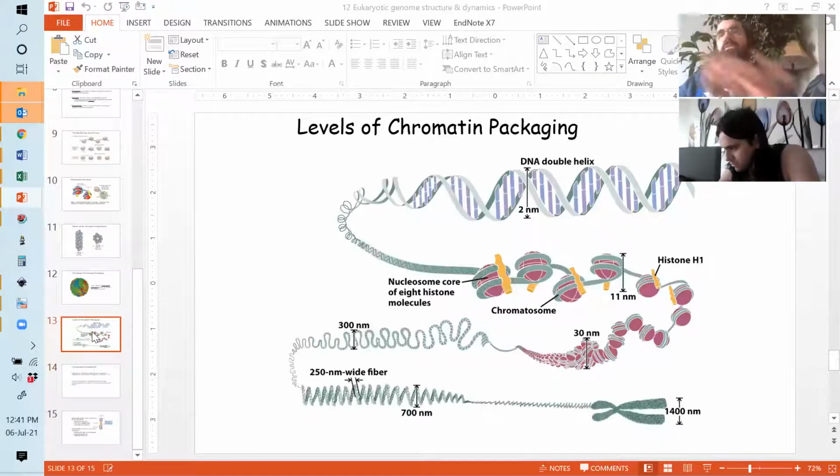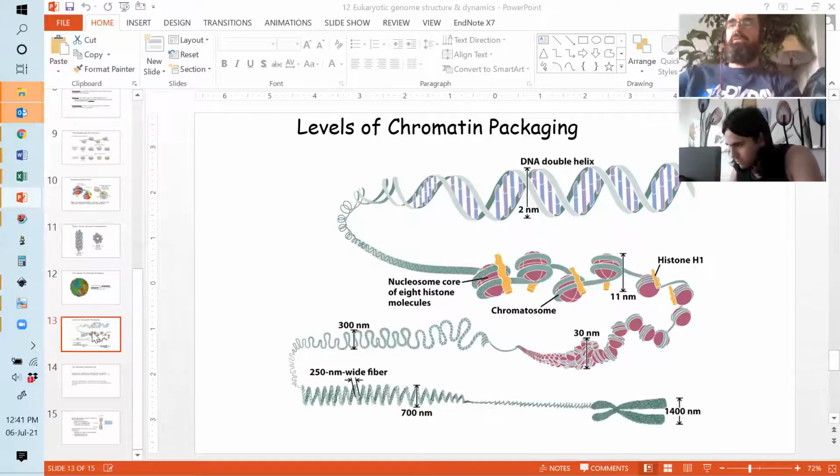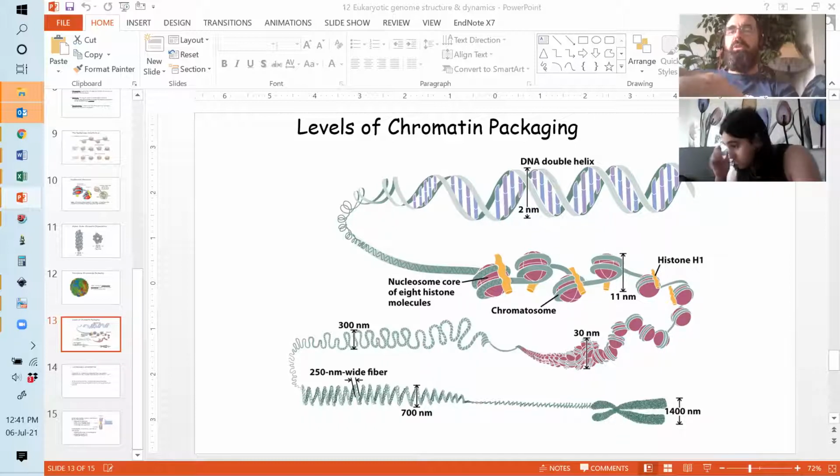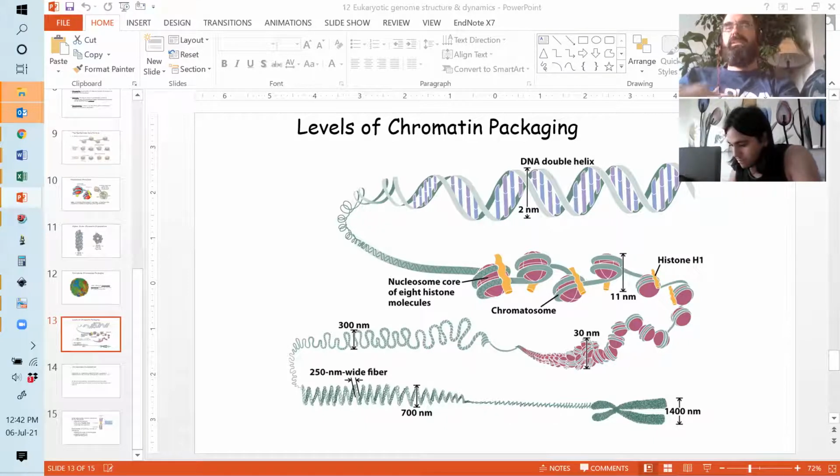So another few words to talk about, which we're going to use a bunch coming up, is euchromatin versus heterochromatin. So euchromatin is basically more loosely packaged, more open to transcription.